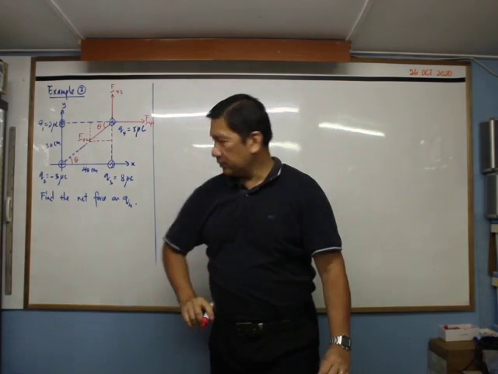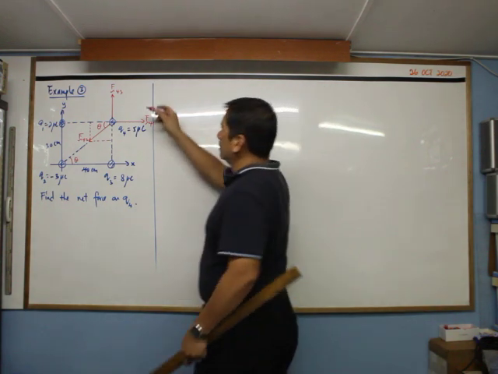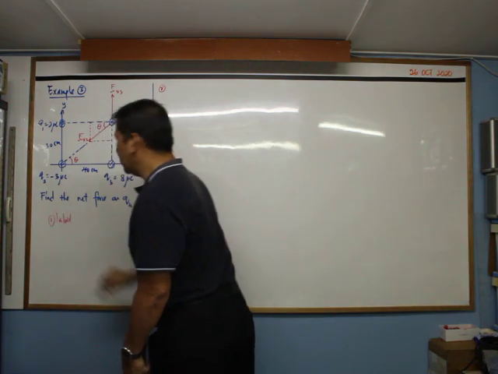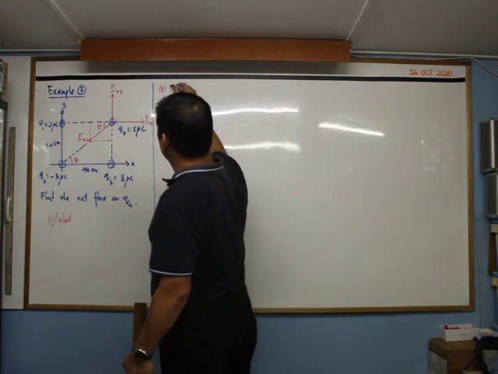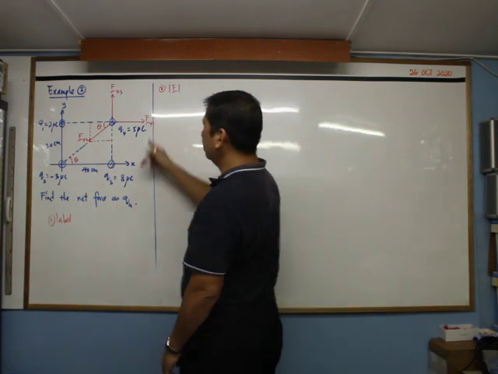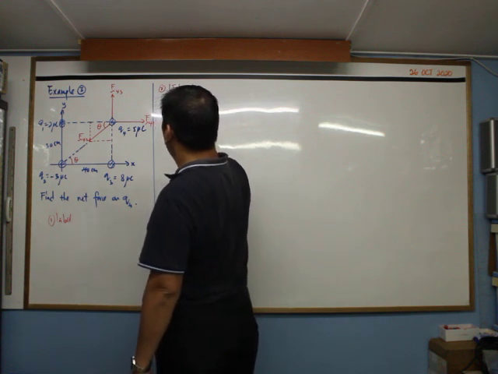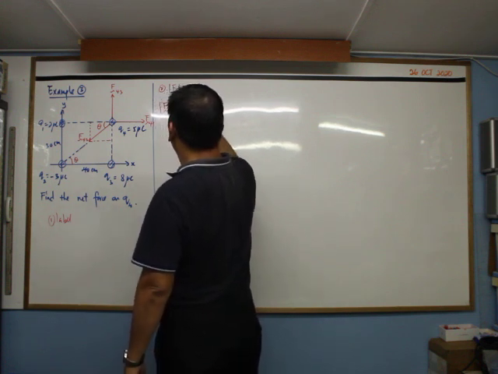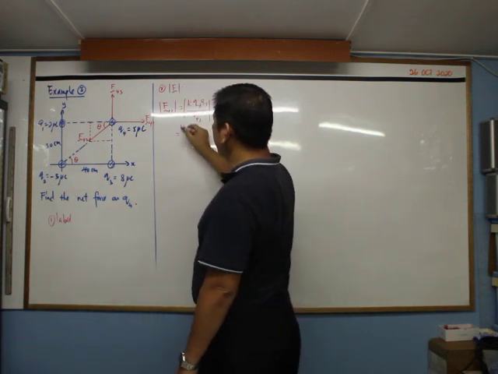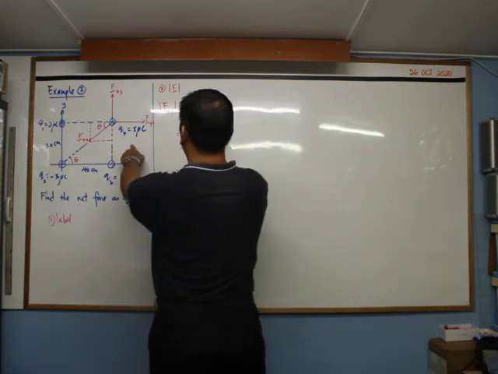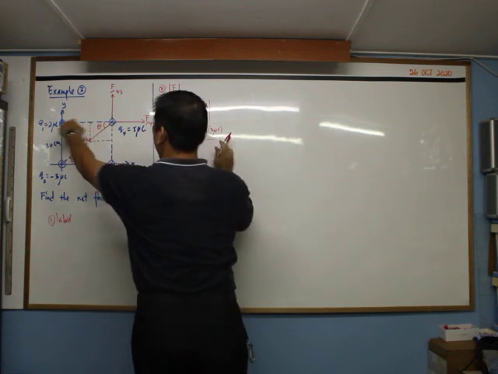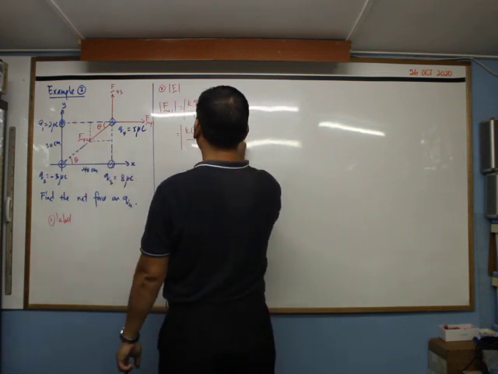Alright. So the next step is to calculate the magnitude. Number 1, label, already done. And then number 2 is to calculate the magnitude of all the forces you have labeled. So we start with F41. F41 is equal to K Q4 Q1 over R41 squared. Put in the value K, and the charge is 5 microcoulomb, and this one is 2 microcoulomb at the distance of 0.40 squared.